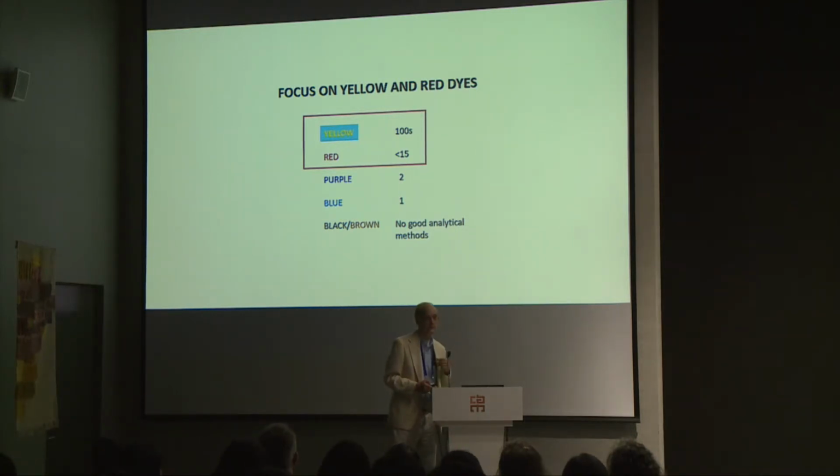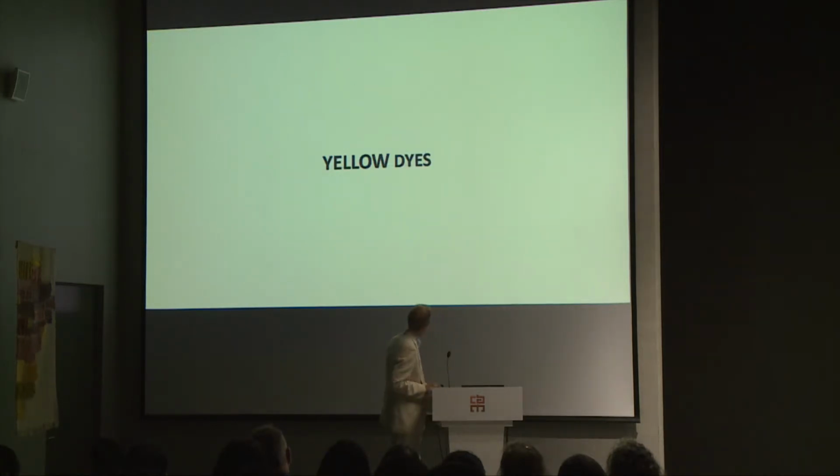It's indigo, which is wonderful for dyers, but it's not so useful for what we're doing. And browns and blacks, there are just simply no good ways of analyzing those. So it would be interesting to do, but we can't do it. So yellow dyes first.